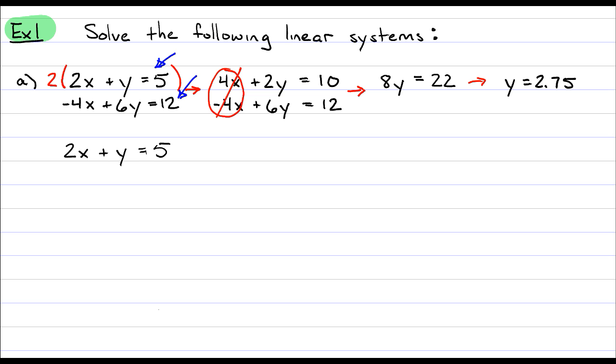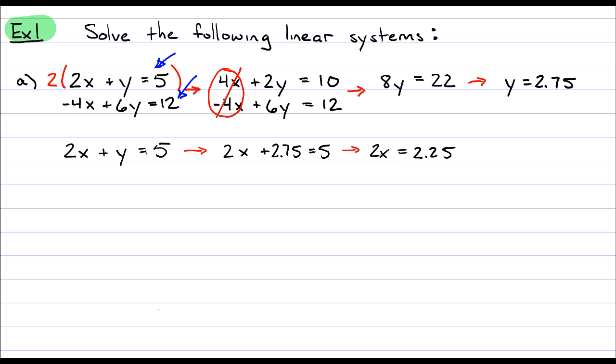If I plug y equals 2.75 into this equation, I get 2x plus 2.75 equals 5. Then I subtract 2.75 from both sides, which leaves me with 2x equals 2.25.